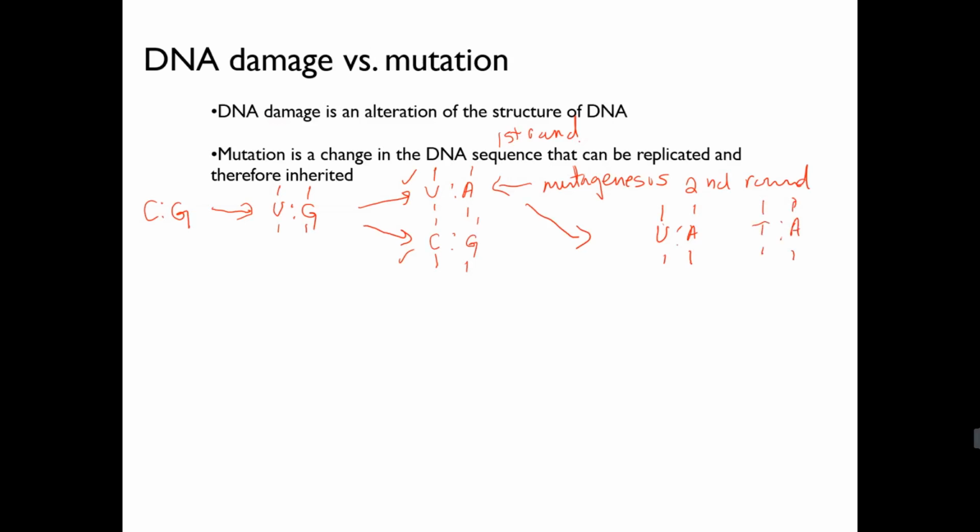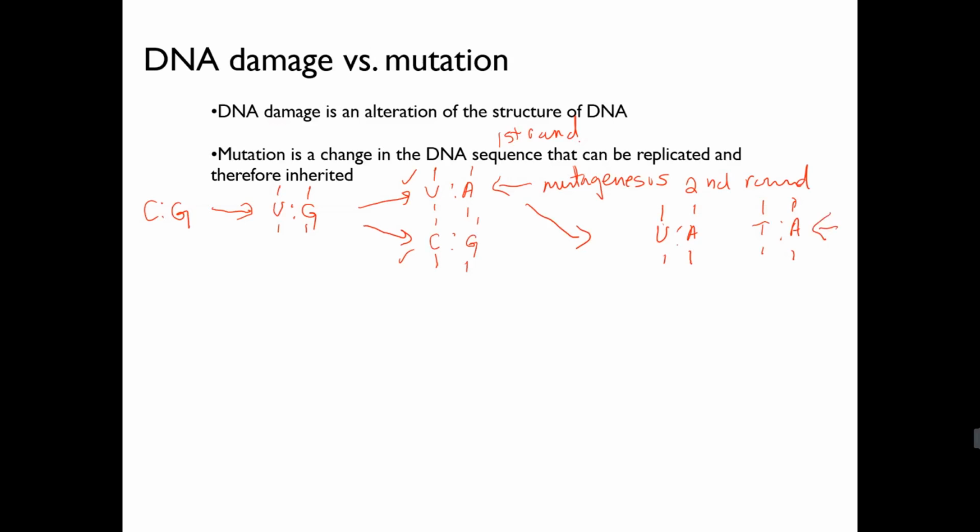And what's the consequence of this? Well, now we're at a point where there's no way for a cell to know or determine that this AT base pair that we've now created is wrong, because it's just a normal base pair, right?